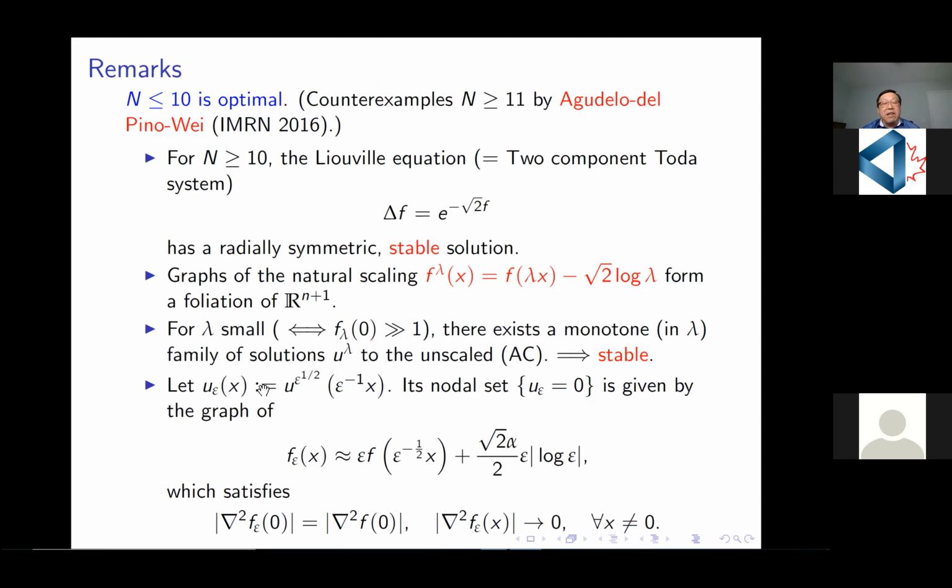If we rescale the solution we constructed using this Toda solution and compute the nodal set, the nodal set is given by this Toda solution, and you find that the nodal graph is C2, but not C2 alpha. So from C1 alpha to C2 alpha, it is no longer true in dimension 11 or higher.